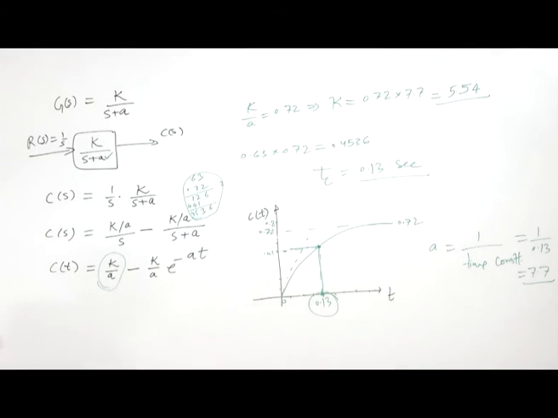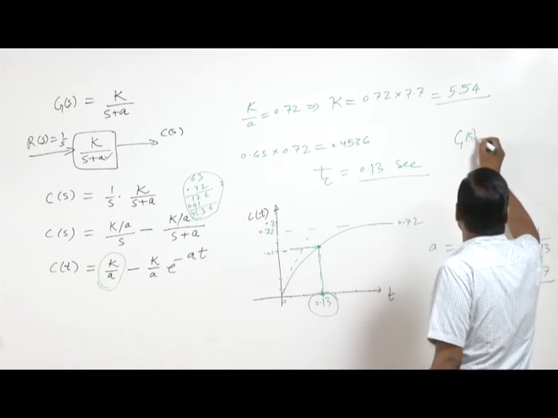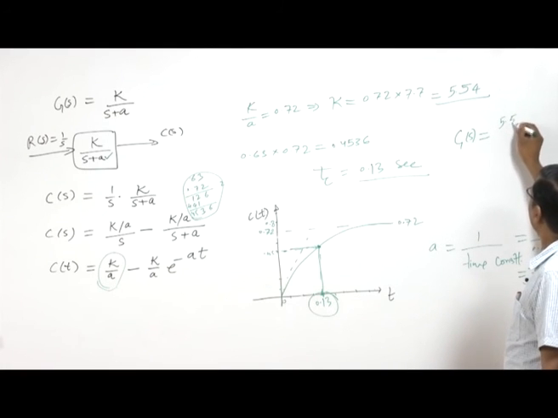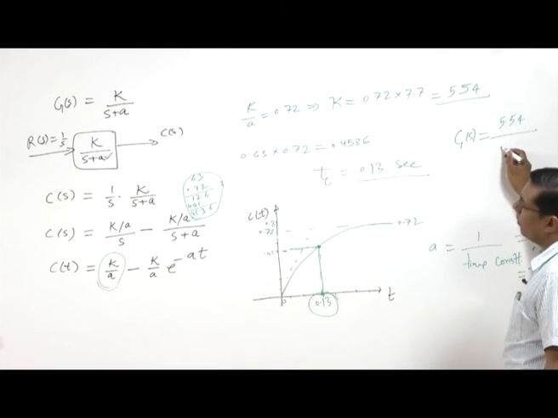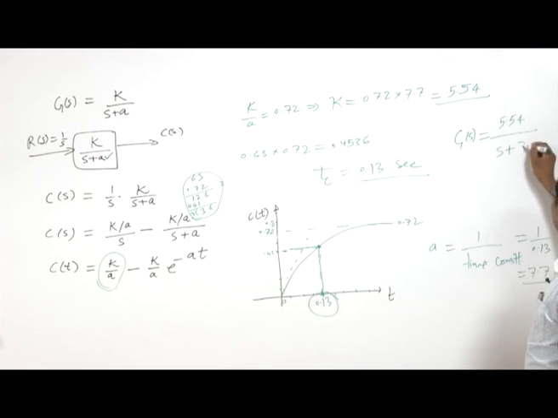So the transfer function G(s) we can write here, k is 5.54 upon s plus a, so a is 7.7.